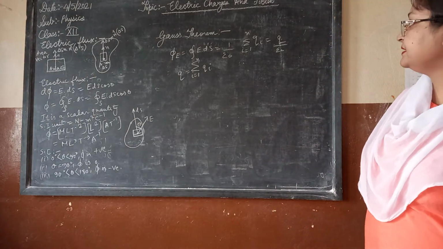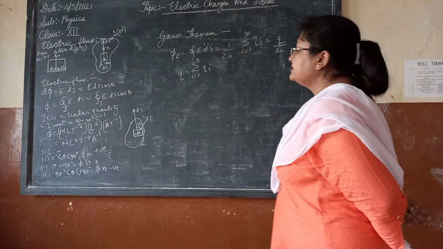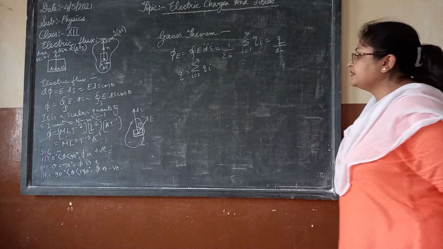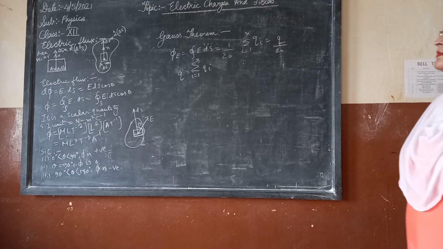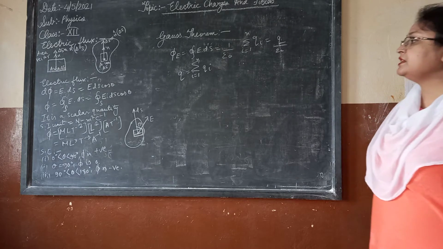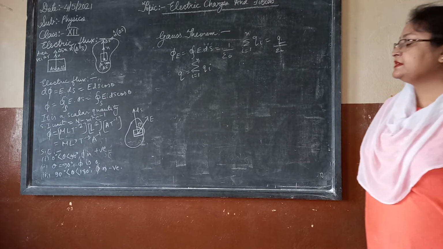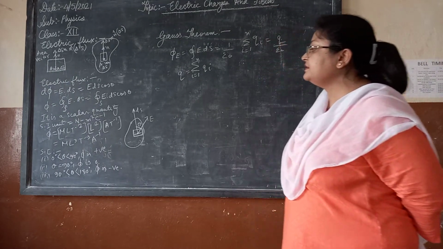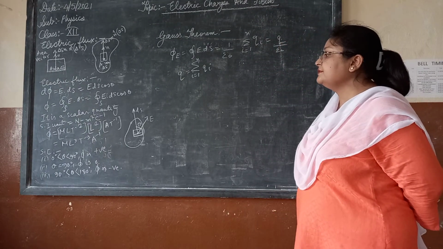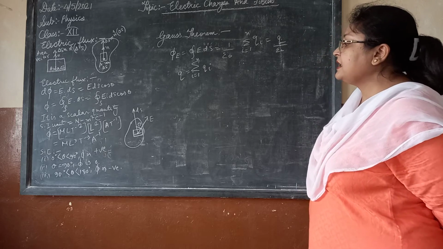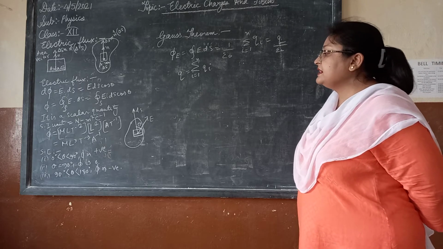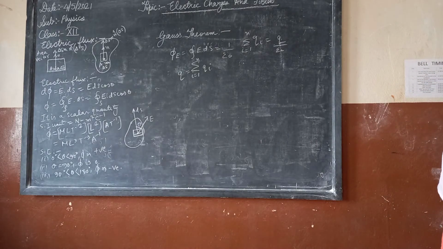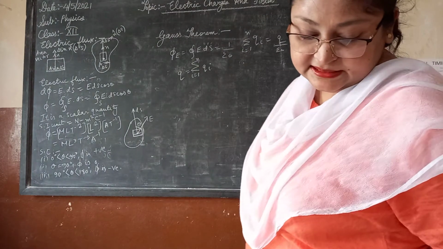Dimensional formula is being given here, that is M L T^-2 times L^2 A^-1 T^-1, so the dimensional formula is M L^3 T^-3 A^-1. Now the special cases that arise here: if theta is between 0 to 90 degree, phi will be positive. If theta is equal to 90, phi is 0, and if theta lies between 90 to 180, phi will be negative. So these are the special cases, okay?